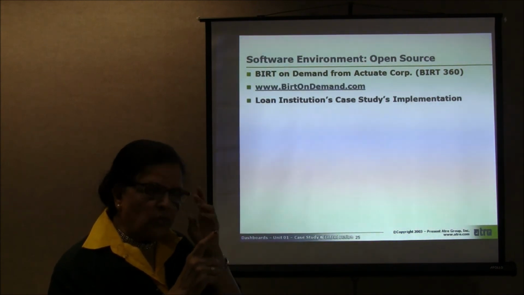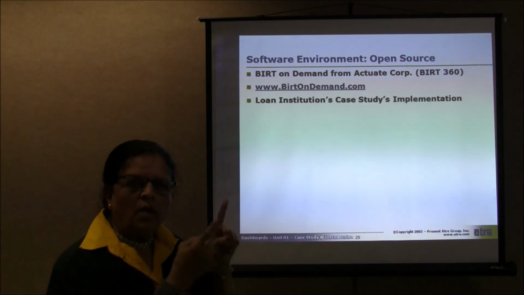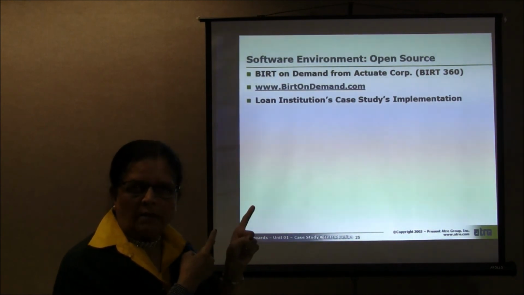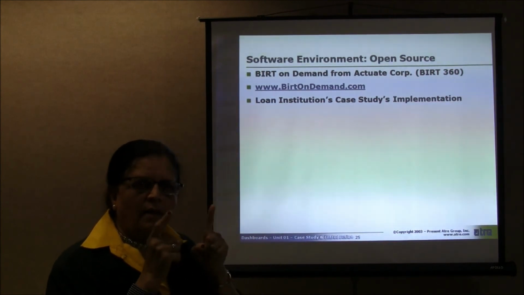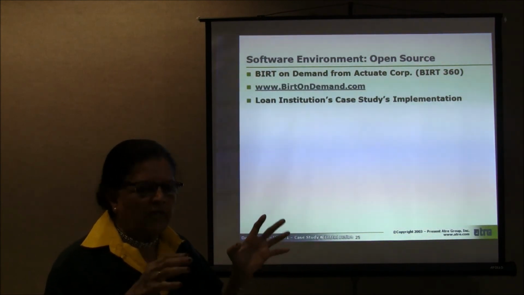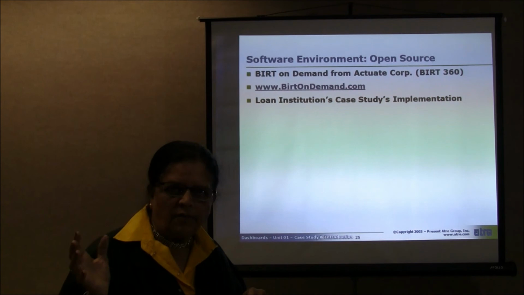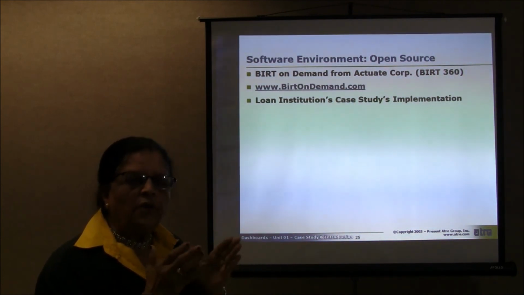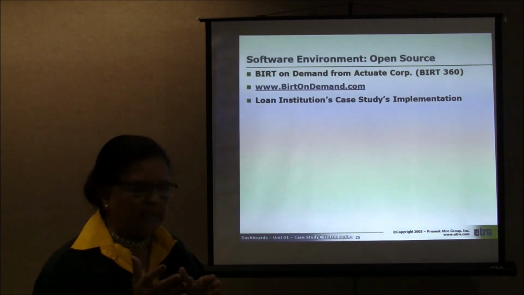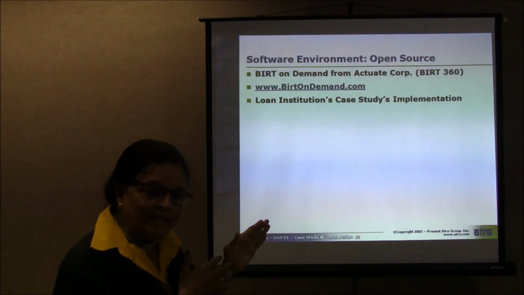That is an open source software which you can download. I will give you the URL for that. So you can download it, it doesn't cost you anything. And then if you are interested further, then of course you have to speak with the vendor, which is Actuate. But you can try it out, BIRT 360. So I'll show you the results of that.